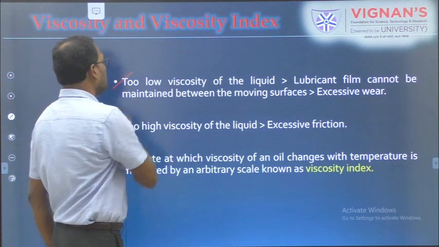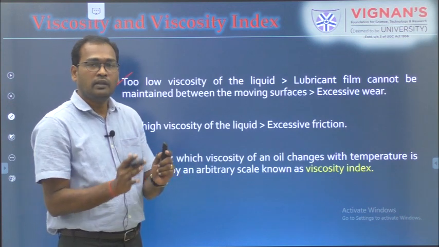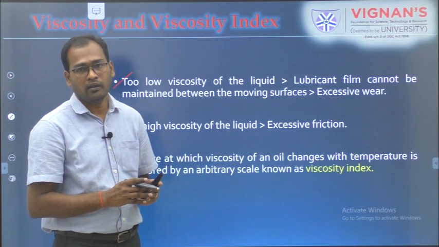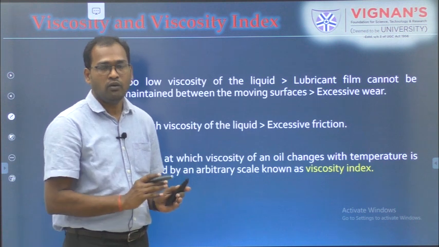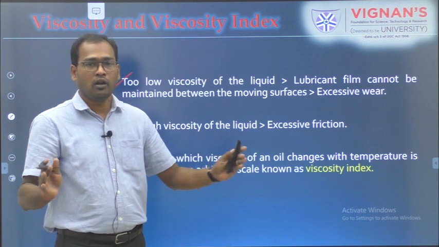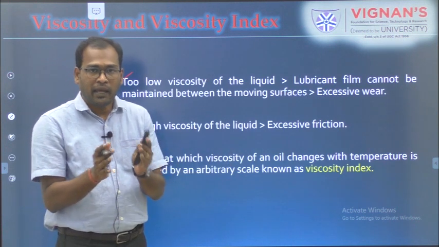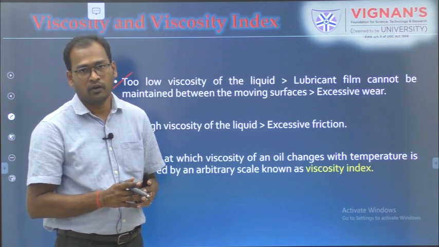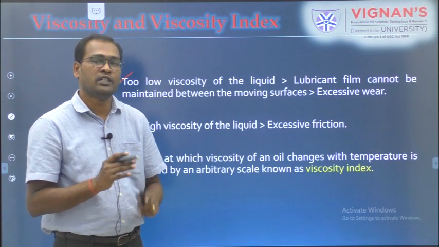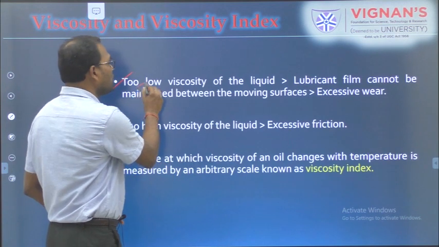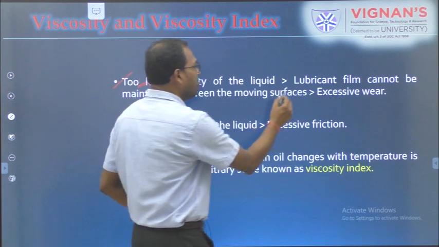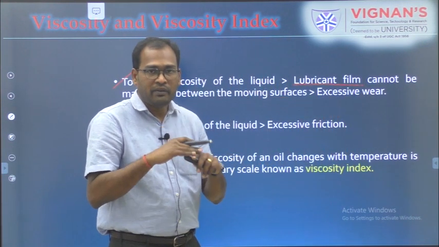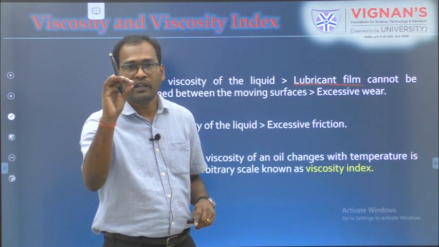You should have a balance in the viscosity of the lubricating oil. If it is too low or too high, both are not acceptable. You should have a balance so that it functions properly. So, what will happen if the viscosity is very low? If the viscosity is low, the lubricant's ability to form a film between the surfaces will become very thin.